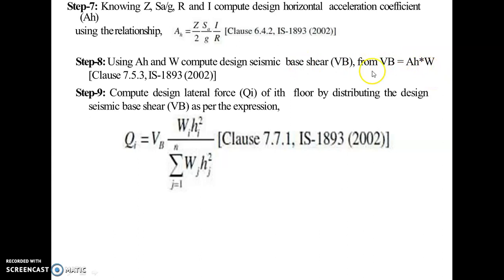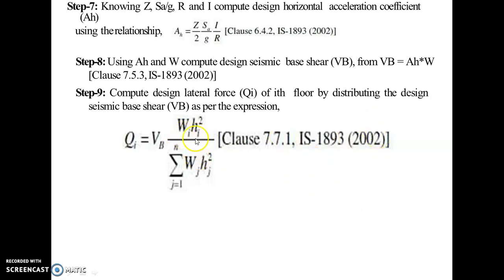After getting the base shear, we use this formula for distributing the load. For example, if you have a 3-story building and the height of each story is 3 meters, and the total mass of the first floor is 2000, the second floor is 2000, and the third floor is 1500.